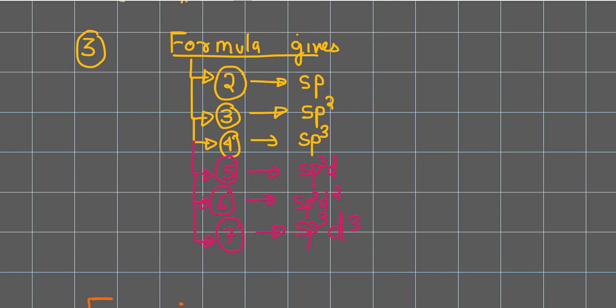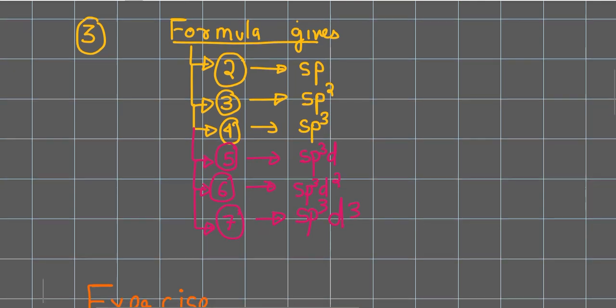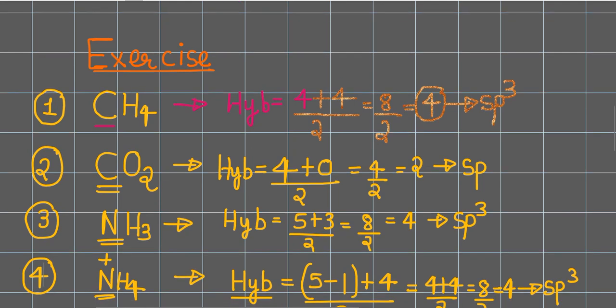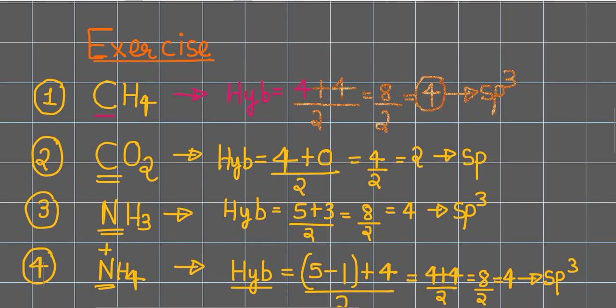If it comes 4, then sp3. If 5, then sp3d, as only 3 p orbitals are there, so then d starts. If the number comes 6, then sp3d2. If 7, then sp3d3. Okay, now we will practice some problems on hybridization to strengthen our concept.